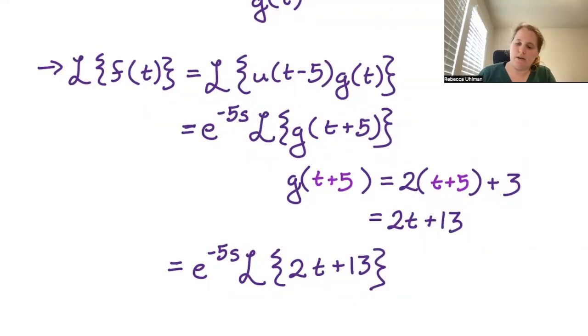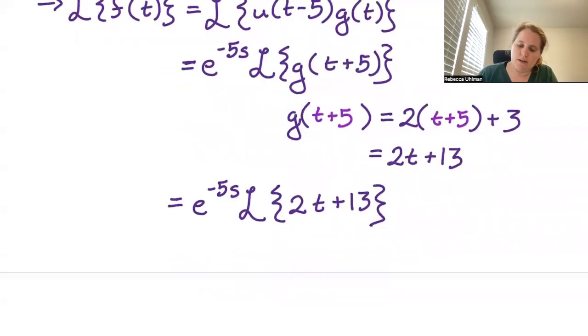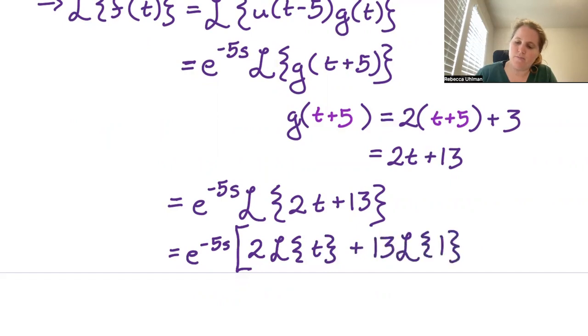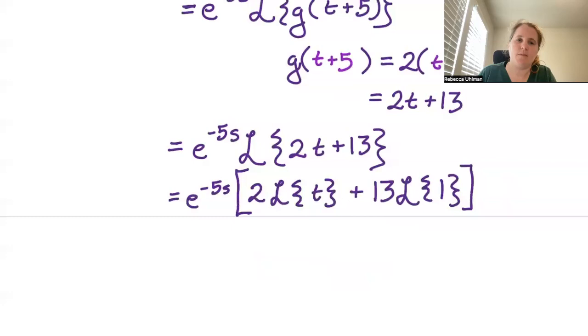Continuing forward, this becomes e to the negative 5s times, in brackets, 2 times the Laplace transform of t plus 13 times the Laplace transform of 1. Again, using the linearity of the Laplace transform.